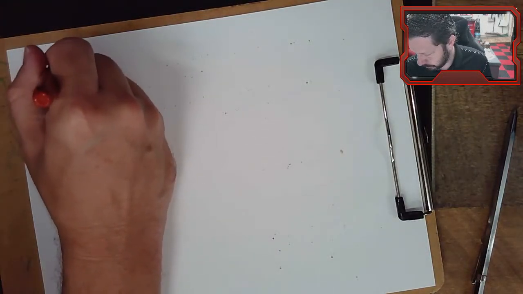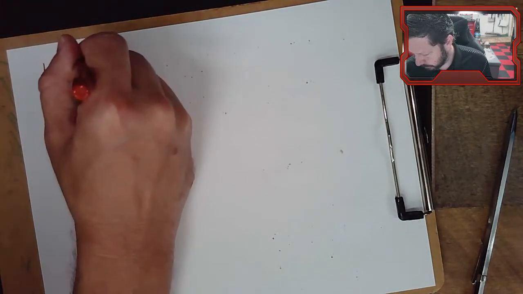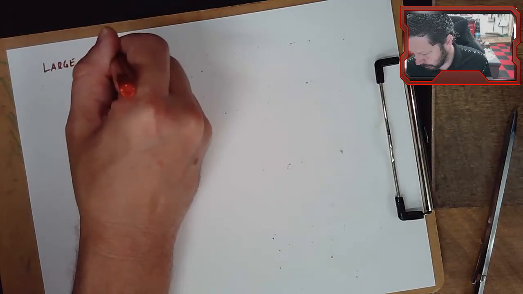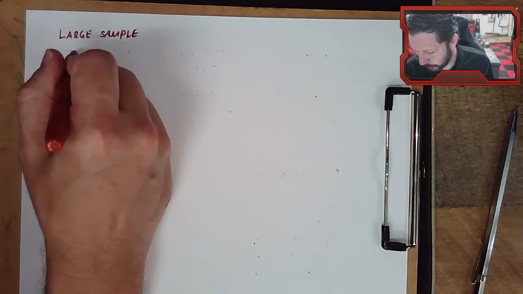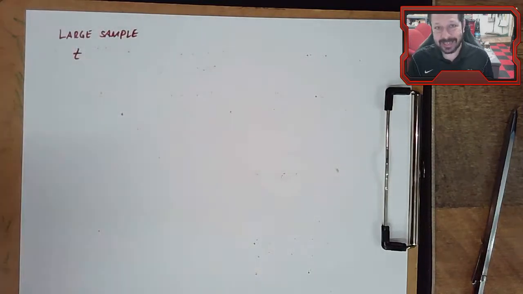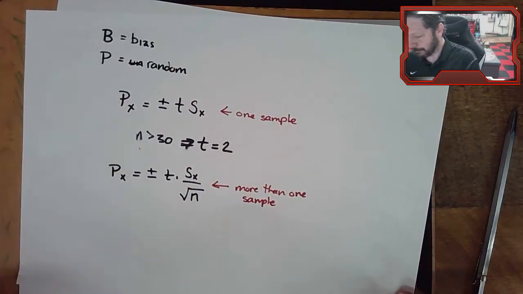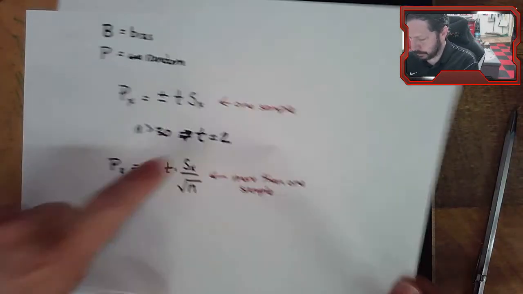So I took a large sample. And for a large sample, when we're using the t distribution to solve this equation, we say that t equals 2.